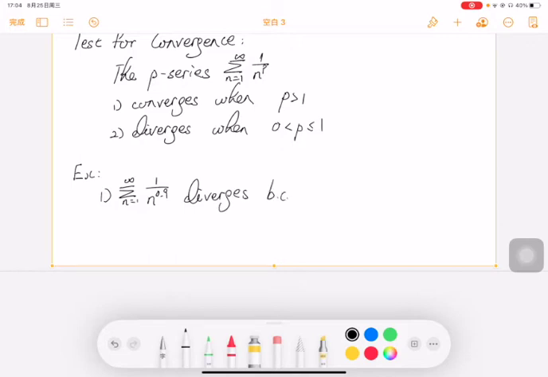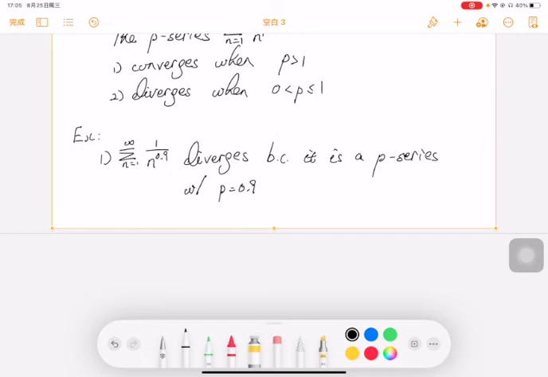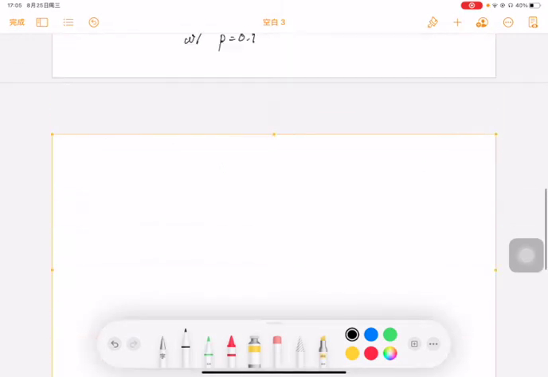Because it is a P-series with p equals 0.9. And according to our test for convergence, when p is smaller than or equal to 1, the P-series diverges. Okay.